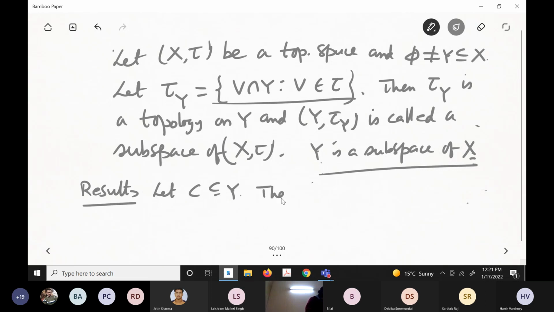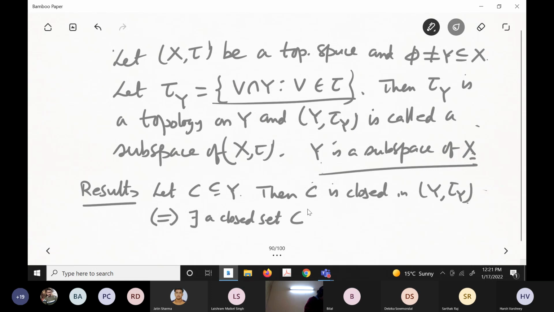Then C is closed in (Y, tau_Y) if and only if, like the open set result, there exists a closed set C' in (X, tau) such that C equals C' intersection Y.